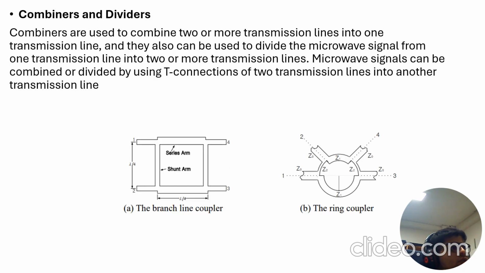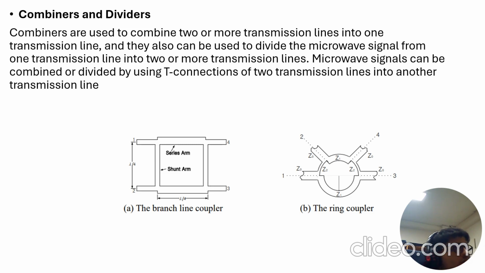Talking about combiners and dividers. Combiners are used to combine two or more transmission lines into one transmission line, and they also can be used to divide the microwave signal from one transmission line into two or more transmission lines.